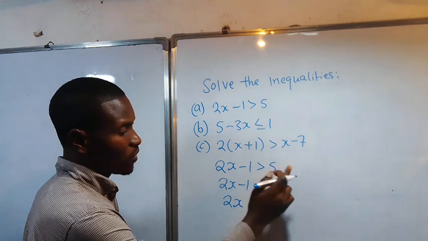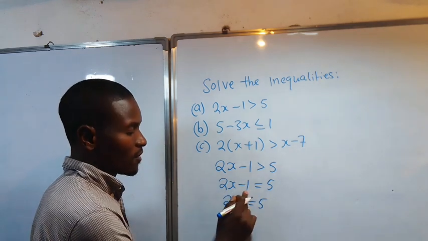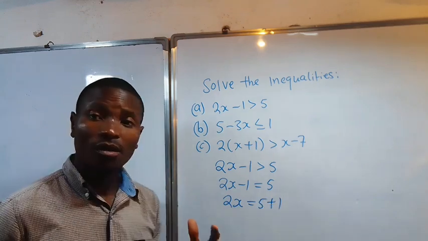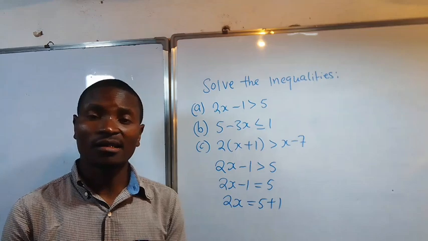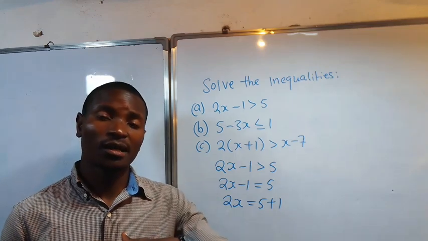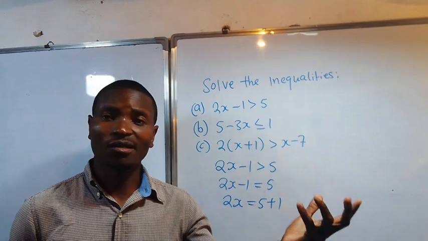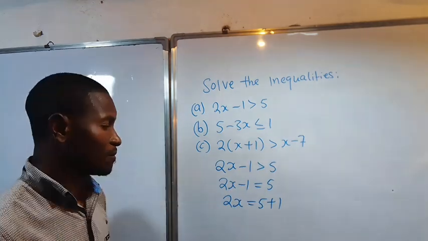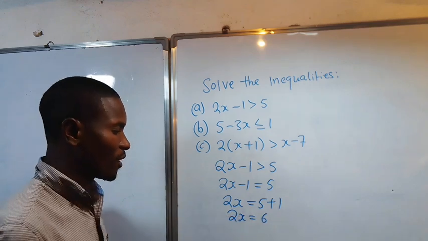2x, and then this one goes to the other side. It is negative, becomes positive, plus 1. You have to be very careful with the signs, whenever a number crosses over the equal sign, either from the left or from the right. So this is 2x equals 6.